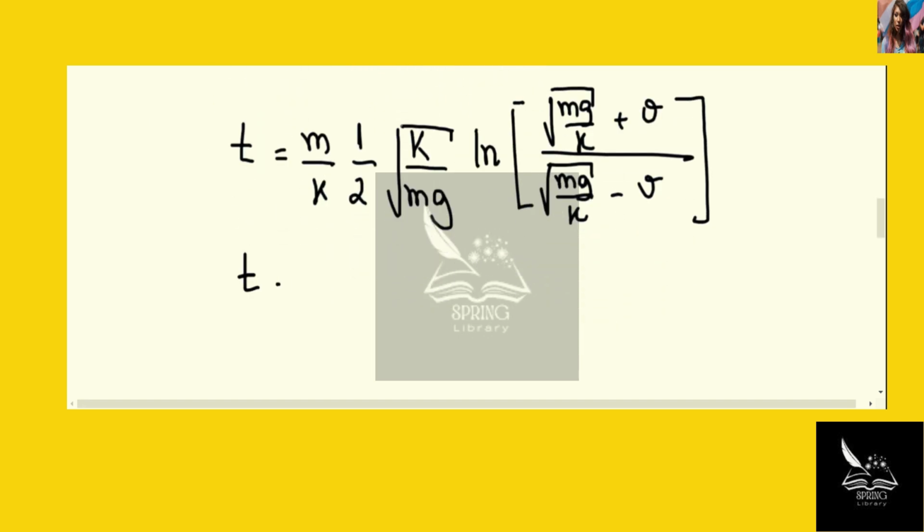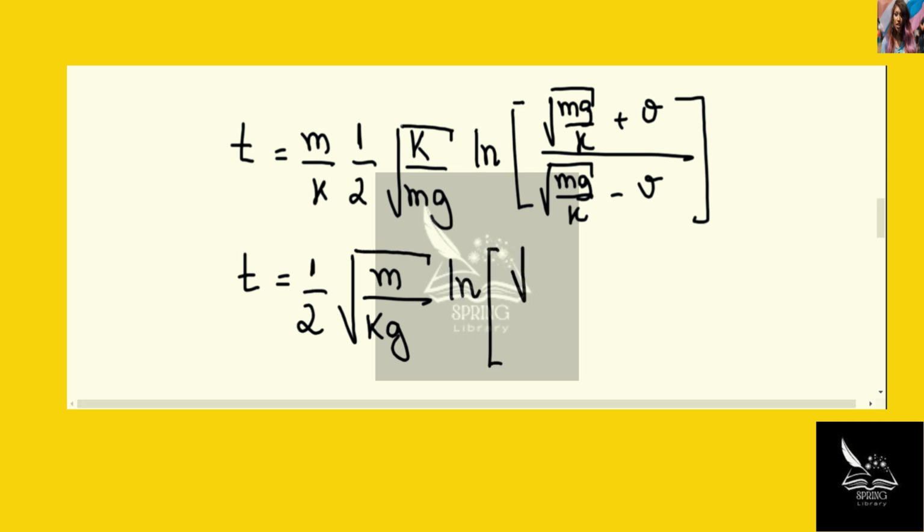So we have t is equal to 1/2 of the square root of m divided by kg times ln of the square root of mg over k plus v divided by the square root of mg over k minus v.